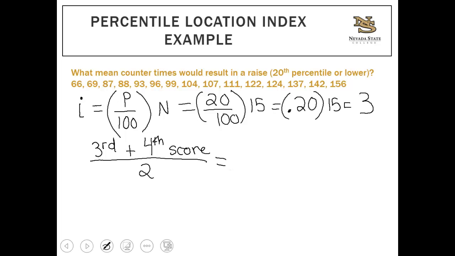So let's go ahead and count: first score, second score, third score, and fourth score from the bottom. So we're looking at a score of 87 and 88. So 87 plus 88 divided by 2, and that gives us 87.5.